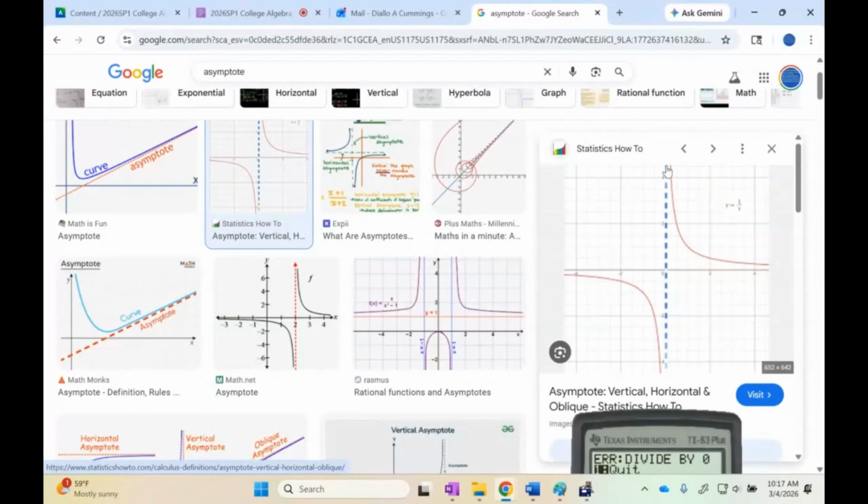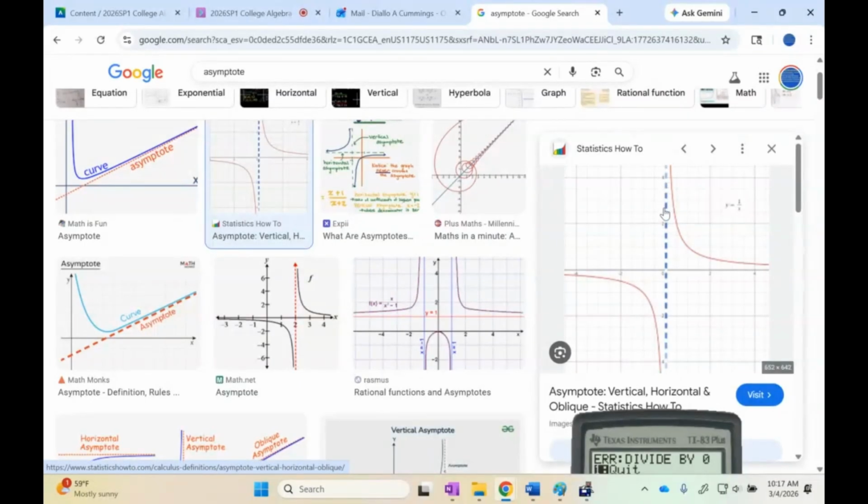This would be an example of a vertical asymptote. Because the red line, this is the graph. This dashed line, that's the asymptote. The graph gets closer and closer to it, but it never will ever touch it.